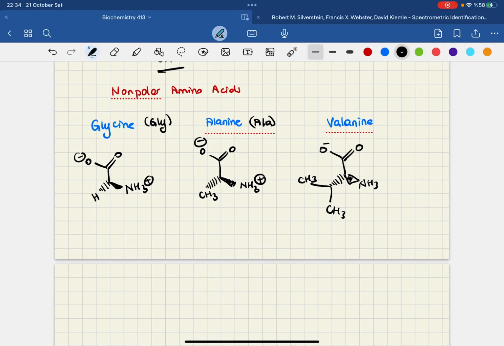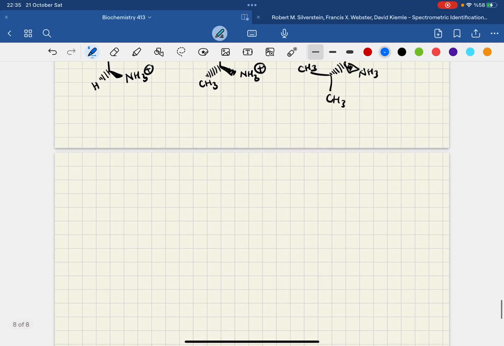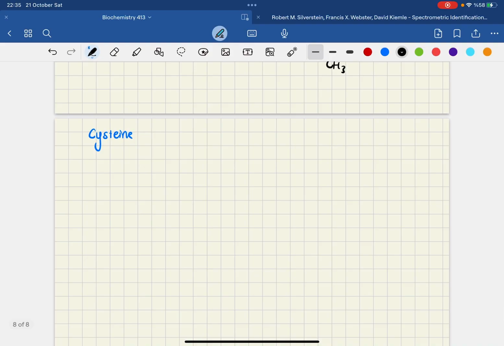Alright. I just noticed that I misspelled it. Valine. Oh, sorry. It's written as valine. Now let me continue with cysteine. Now cysteine is a very important amino acid. What makes cysteine so important? Cysteine has a sulfur in its R unit, which is one of the two amino acids which contains sulfur in its R subgroup.